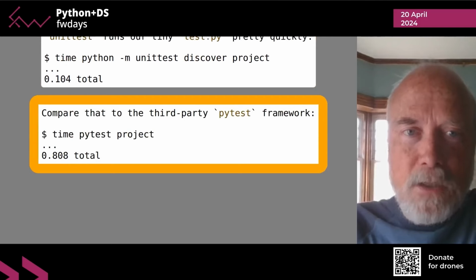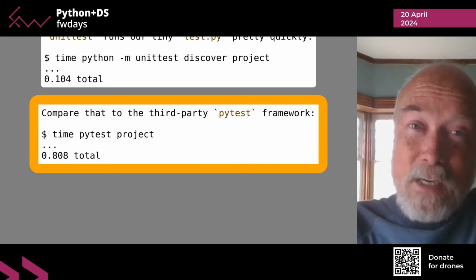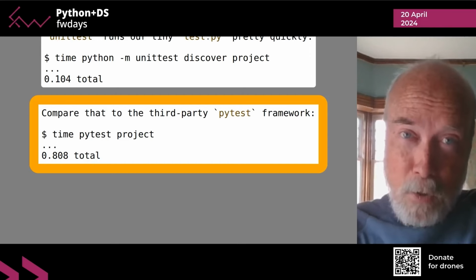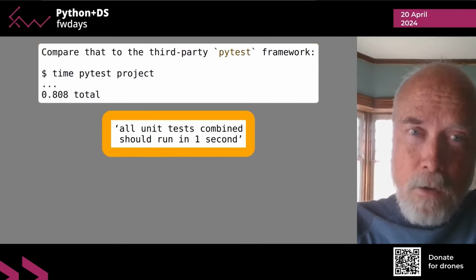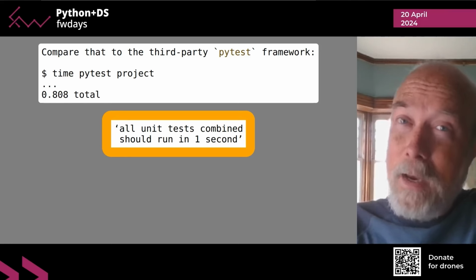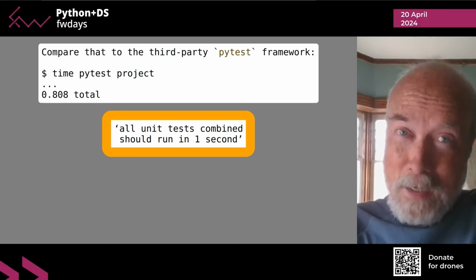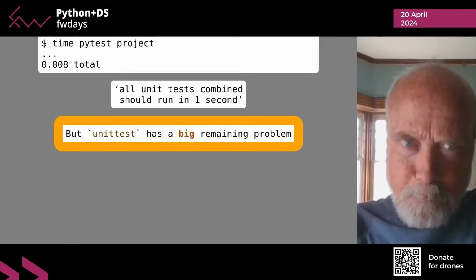By contrast, a leading third-party testing framework takes 0.8 seconds on my laptop to do the same thing. Given the common advice that all unit tests combined should run in 1 second, a testing framework that takes 0.8 seconds to just get up and running doesn't leave my tests with much time left.